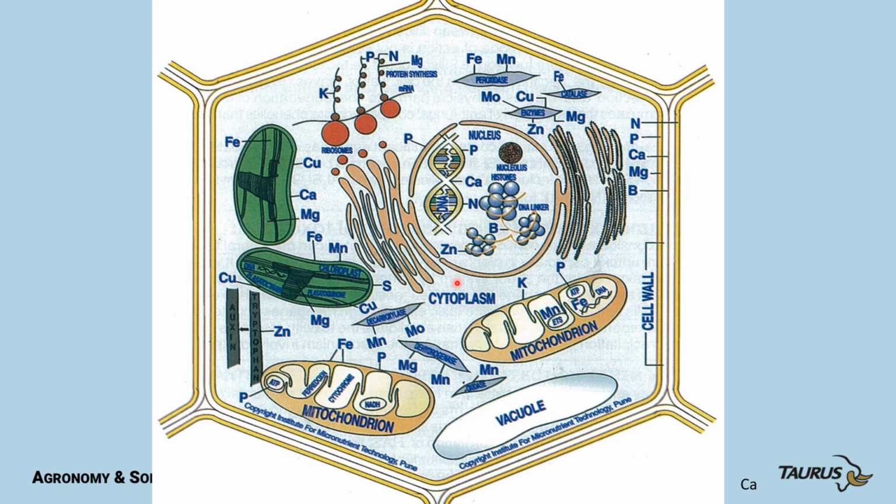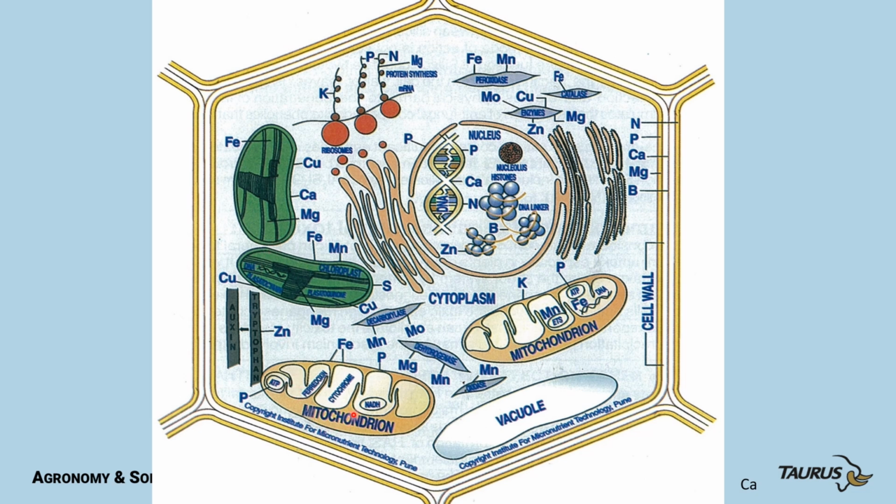Within the cell, as I said, we want to get to a state of homeostasis. So you can take a look here, and all those nutrients that are available to the plant are in each cell. Here is the chloroplast: iron, copper, magnesium, and you'll see why those are important later on when I talk about chloroplast.